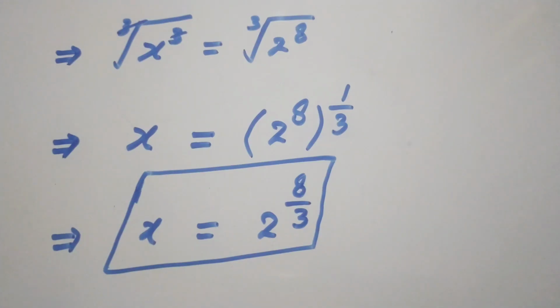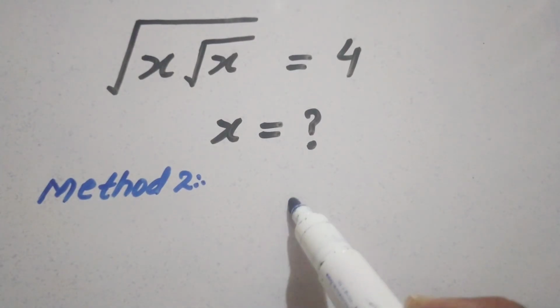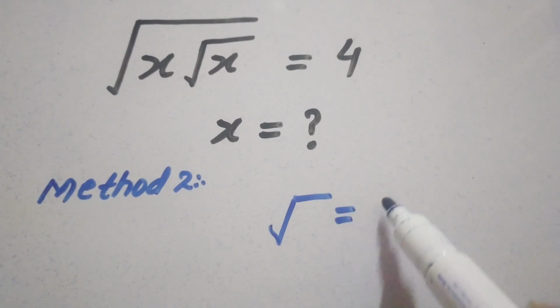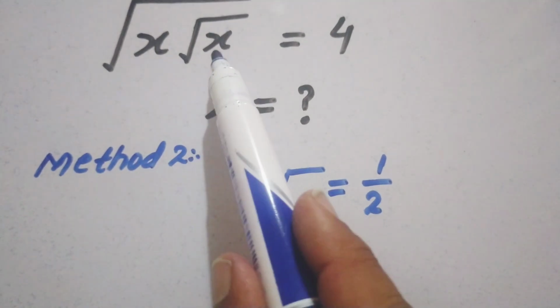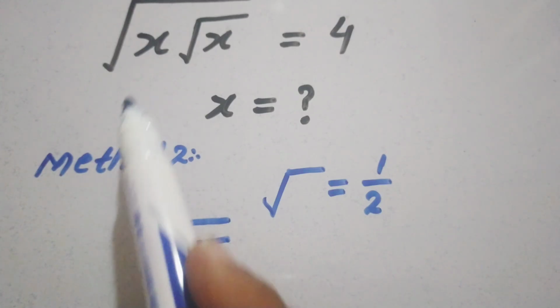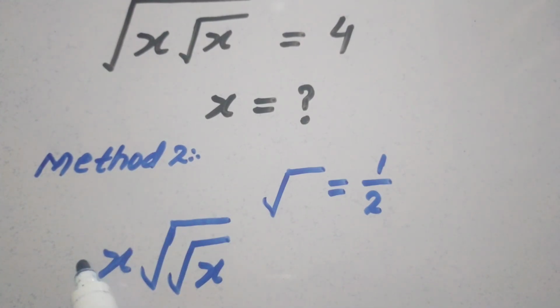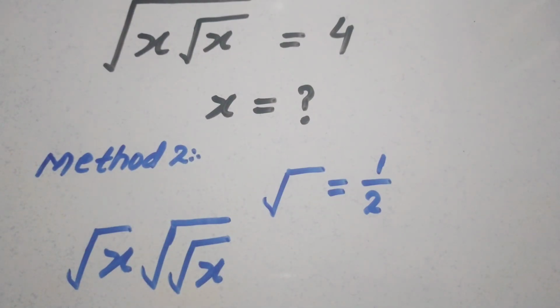Now let's look at the second method. As the value of square root is power 1 by 2, we will use the value of square root here: x square root and this square root, multiplied by square root of x, we have written in this form, is equal to 4.